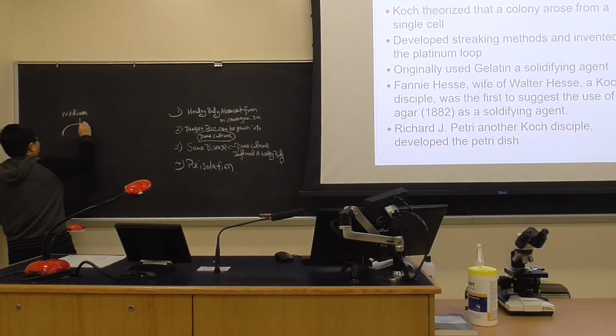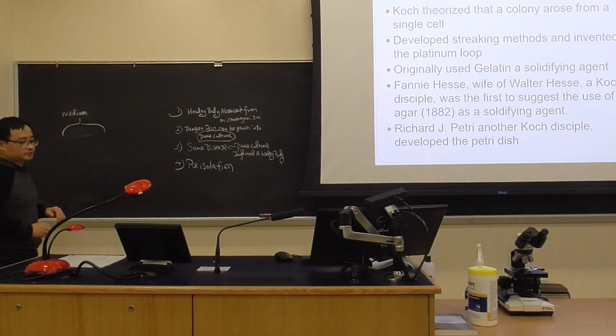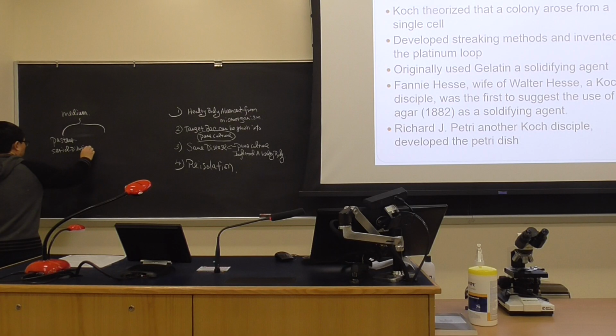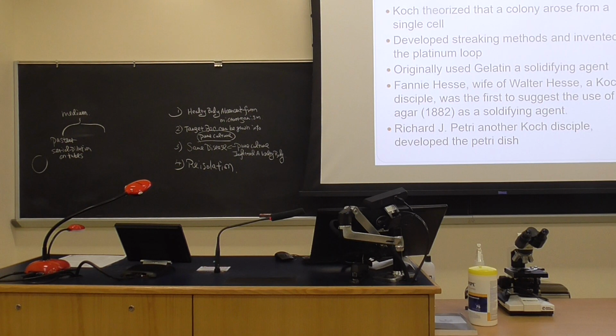By that time, there were two different theories. From Louis Pasteur's group, they were doing serial dilution on tubes. This you learned in chemistry class. So I have a bacteria, a chunk of bacteria here.